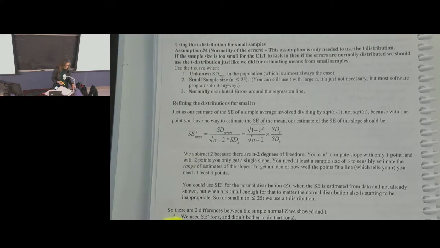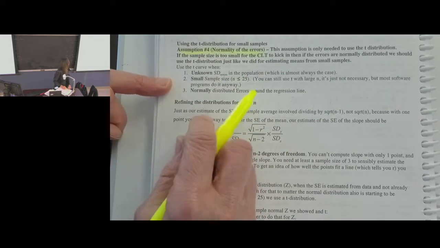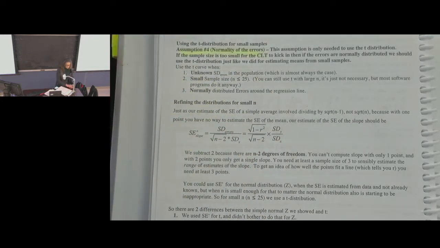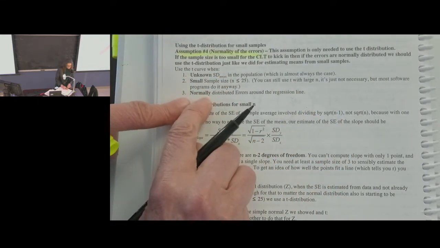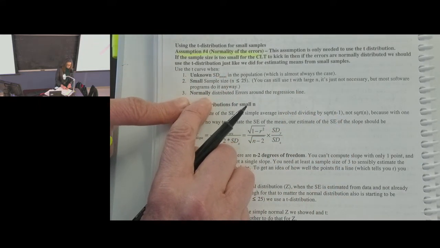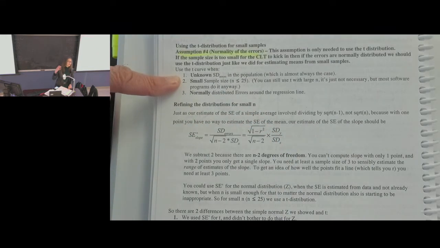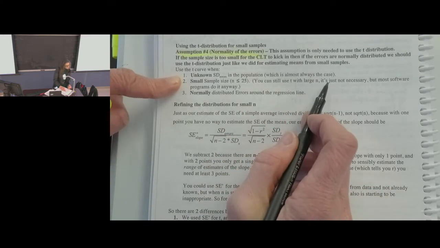This 4th assumption, right here on page 119, the assumption of normality, comes in when we have a small sample size with an unknown standard deviation. Normality is one of them, if we want to use the t distribution. So we use the t curve when we have an unknown standard deviation of the errors around the regression line, which is almost always the case.